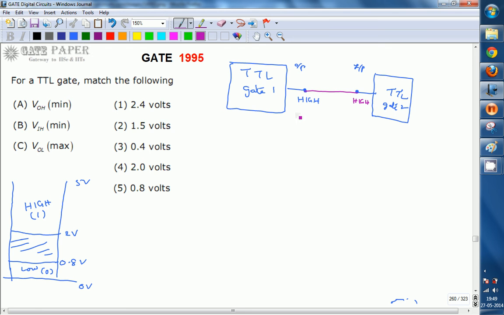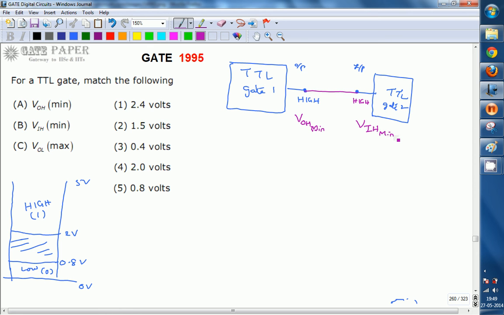The voltage you get at the output of TTL gate 1 is indicated as VOH minimum, and at the input side of TTL gate 2 it is indicated as VIH minimum.